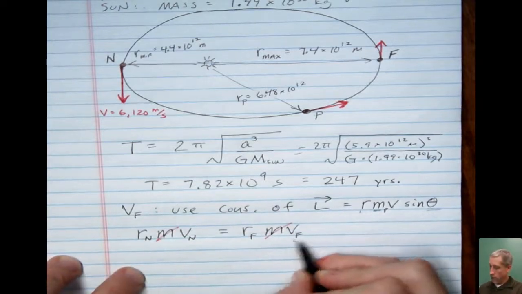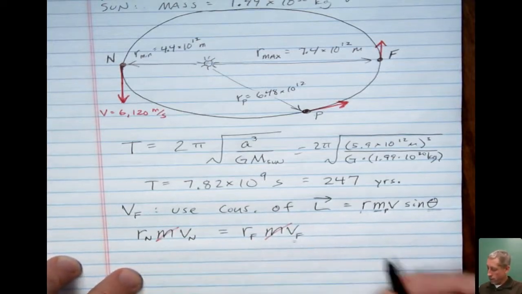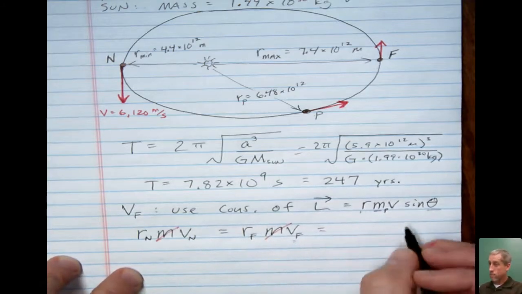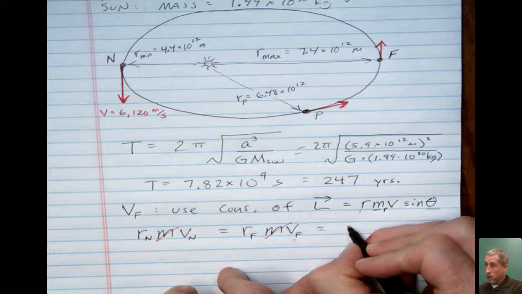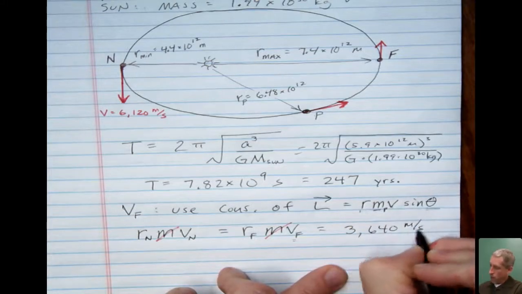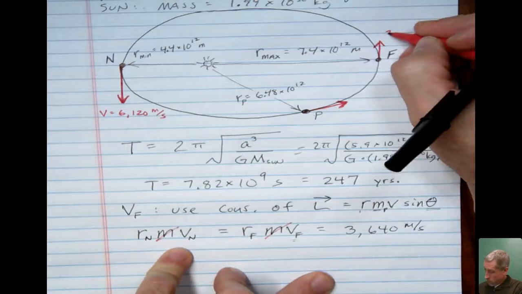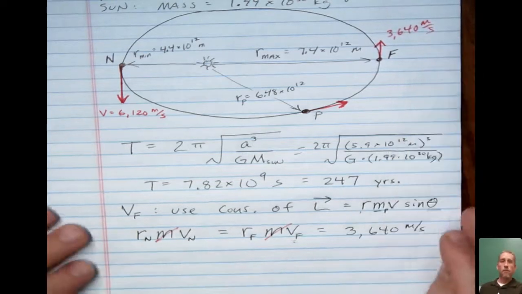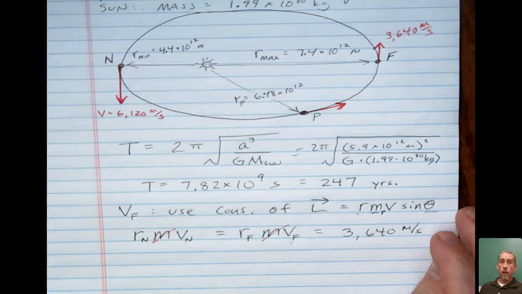So I could find the velocity at the far point just by dividing by my distance out there. I'm not going to show the rest of the work here, but I will tell you, you will get about 3,640 meters per second out here. Okay, so that's using conservation of angular momentum.